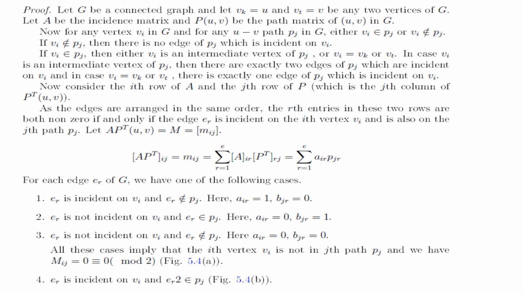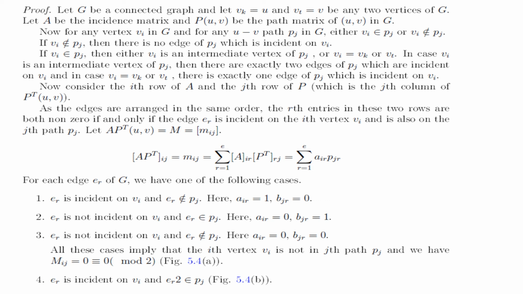If Vi belongs to Pj, then either Vi is an intermediate vertex of Pj or Vi is equal to Vk or Vt. In case Vi is an intermediate vertex of Pj, then there are exactly two edges of Pj which are incident on Vi, and in case Vi is equal to Vk or Vt, there is exactly one edge of Pj which is incident on Vi.